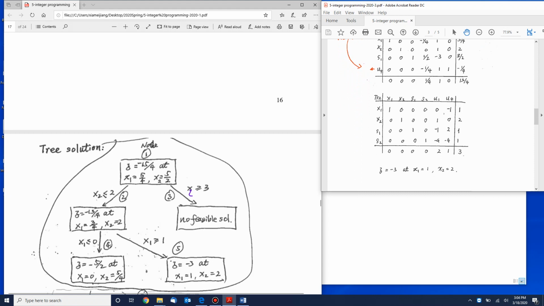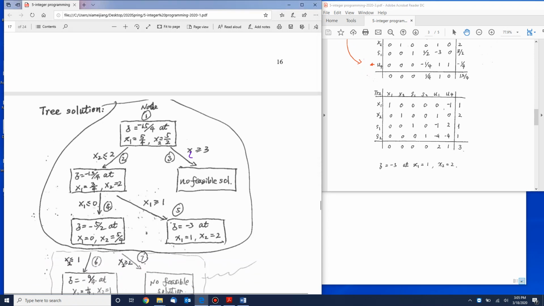So it's not done yet, because this one is hanging there. This one we already got the optimal integer solution, so this is a terminal node.